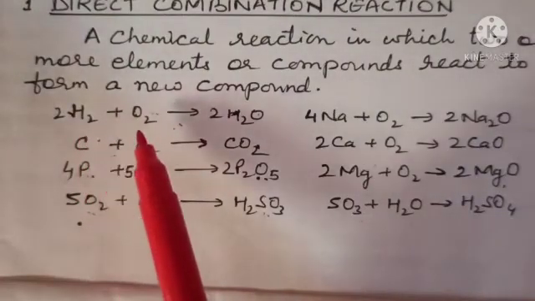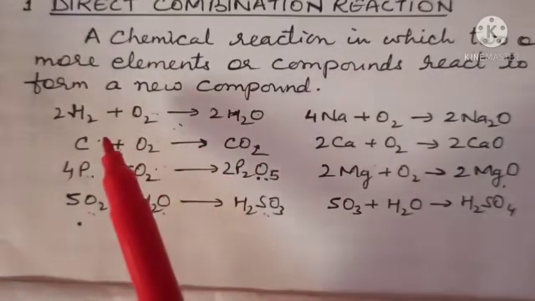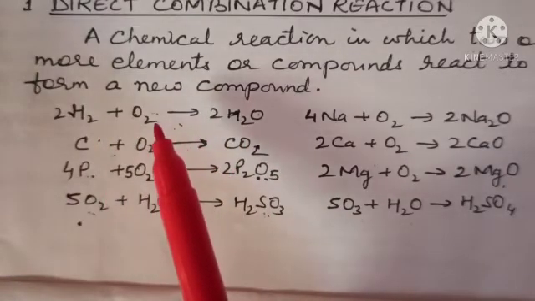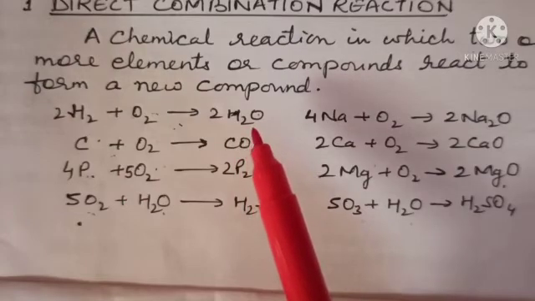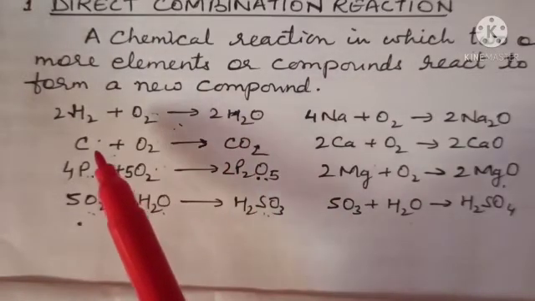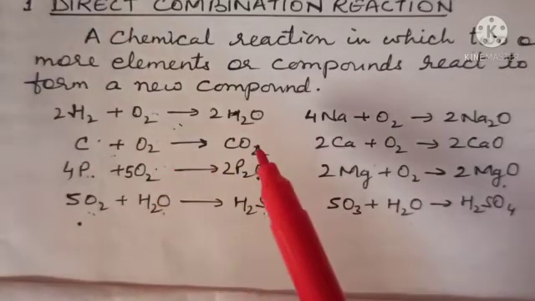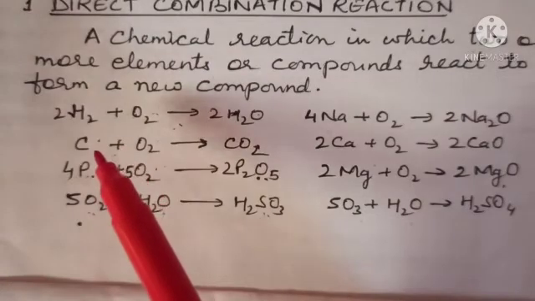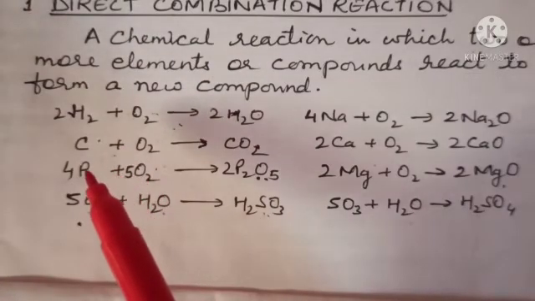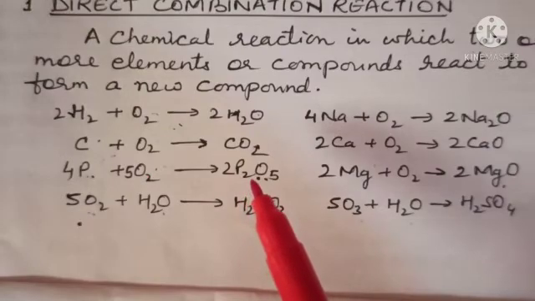Now let's take some examples. Hydrogen when it reacts with oxygen forms water. Hydrogen is one element, oxygen is another element. Both combine and give a compound called water. Another is carbon, C, which when it reacts with oxygen gives carbon dioxide. All these are elements, right? Now phosphorus when it reacts with oxygen gives phosphorus pentaoxide.